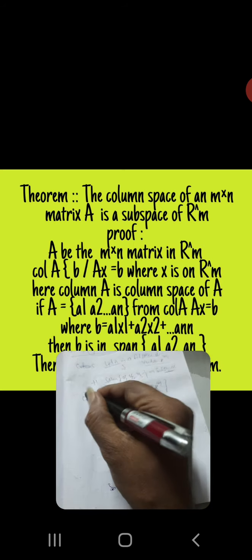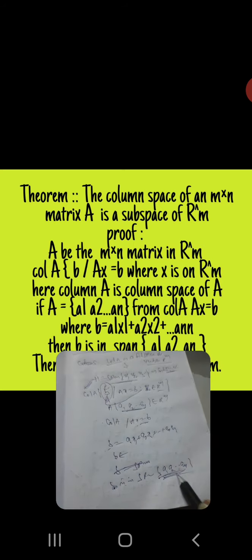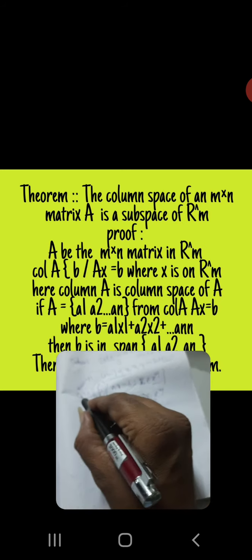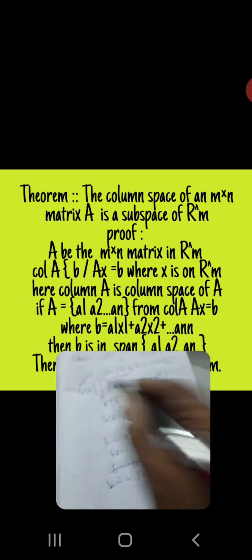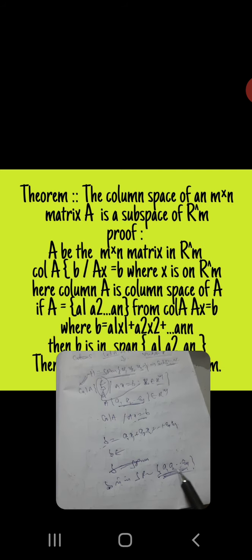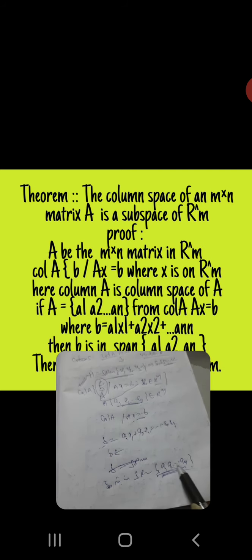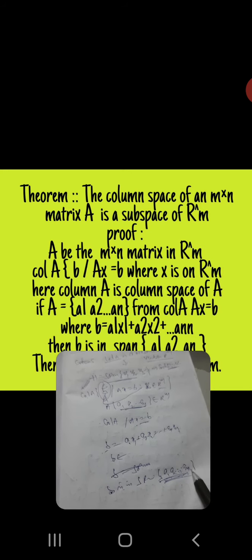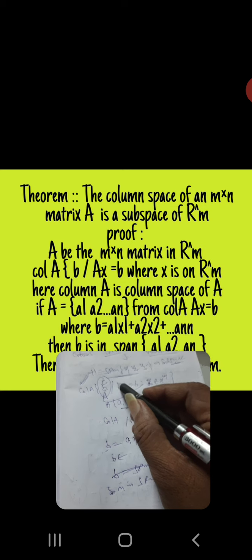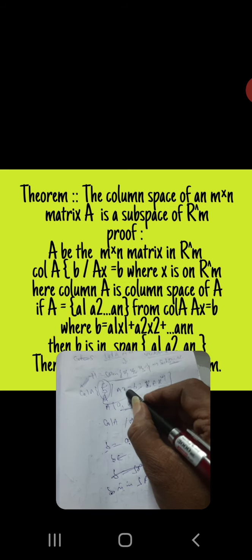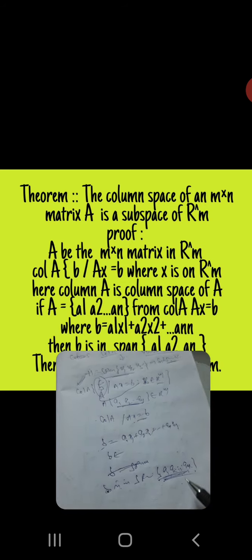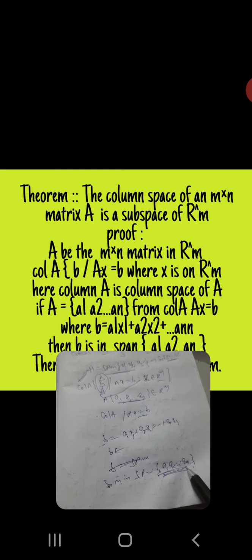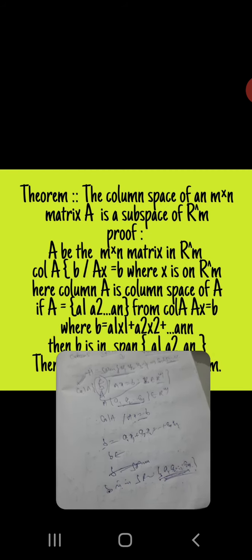Each and every element in Col A is in the span of A1, A2, AN. All elements in Col A are linear combinations of A1, A2, AN. It is a linear combination. It is a span. This Col A is spanned by A1, A2, AN, which are the column elements in matrix A.